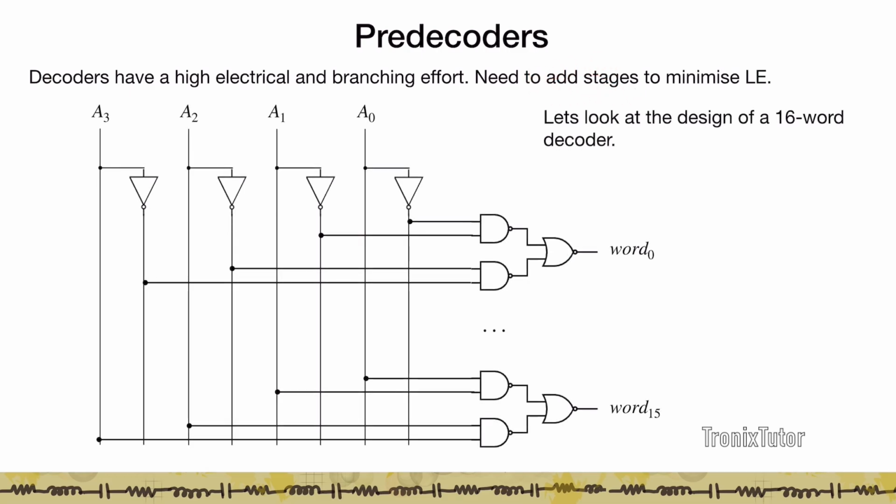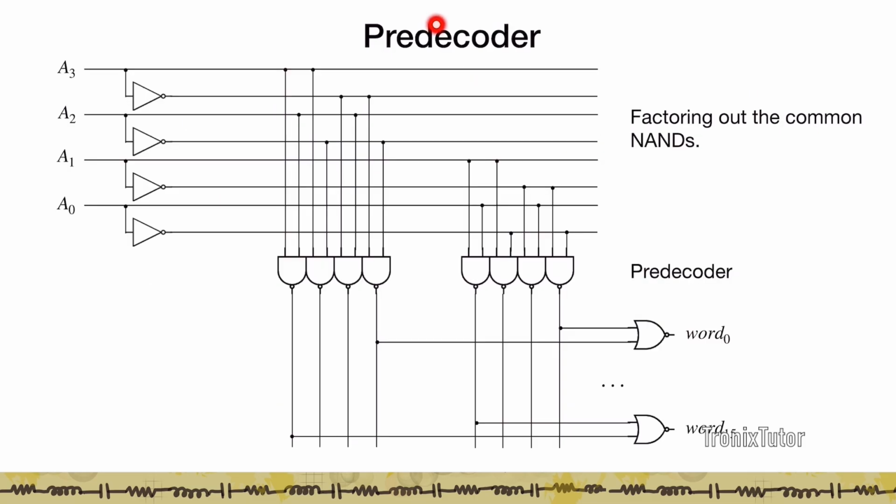If I look at a 16-word decoder, you're going to have 4 address lines, and 16 such circuits to generate word line 0 all the way to word line 15. So you see a lot of branching happening on every line coming from the address bit. One way to optimize this is using a pre-decoder, where we factor out all the common NANDs.